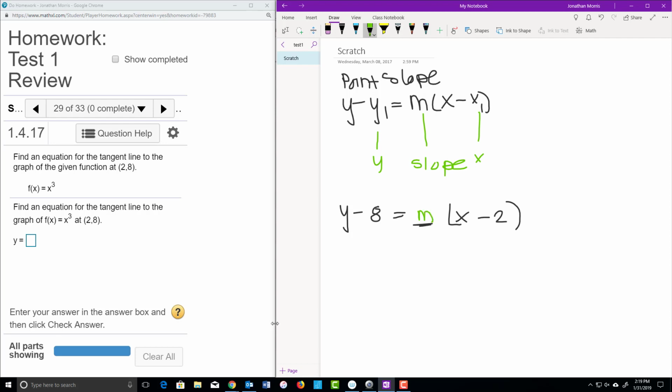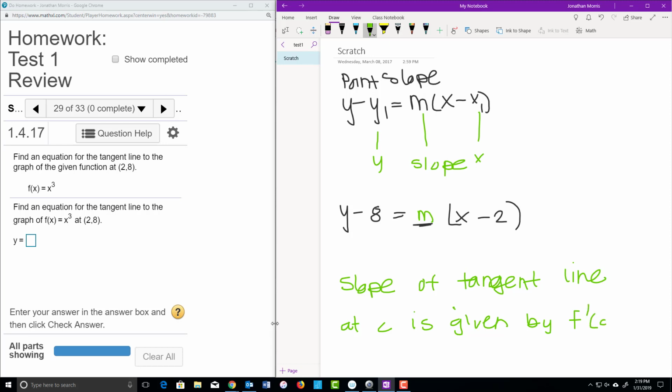What you need to know is that the slope of the tangent line at c is given by f prime of c. Basically that means find the derivative and plug c in for your x value.